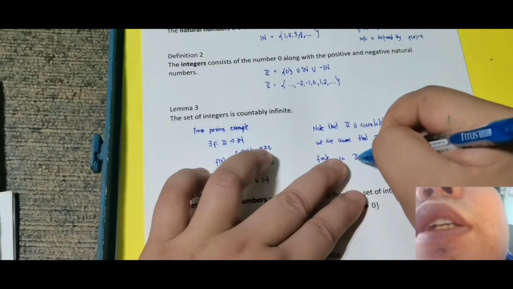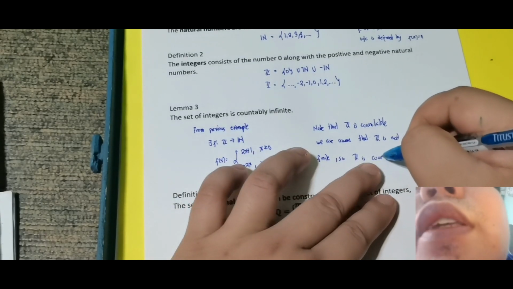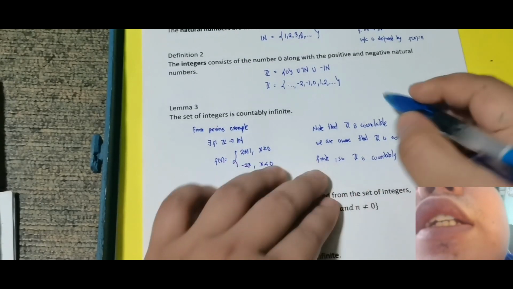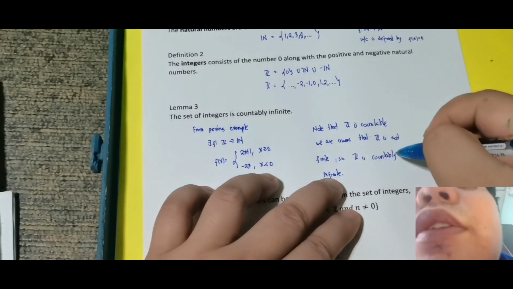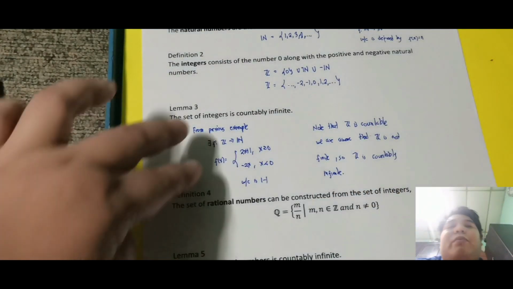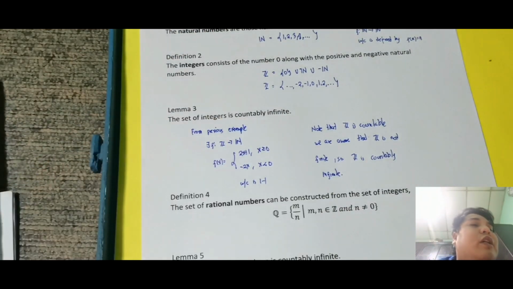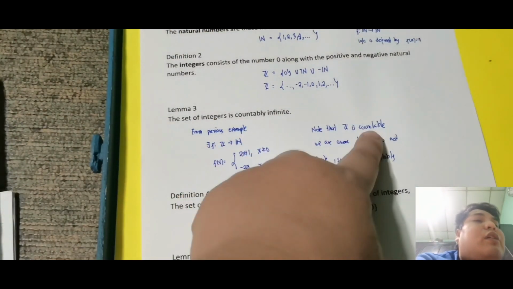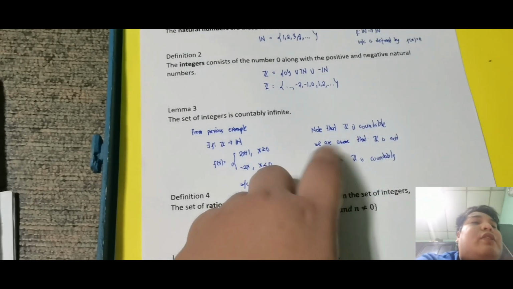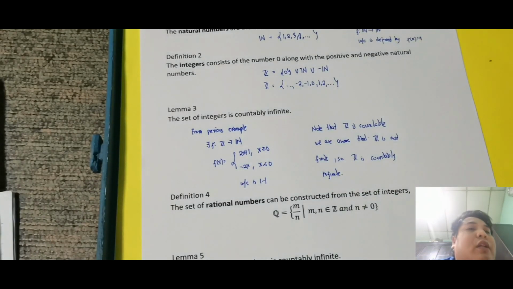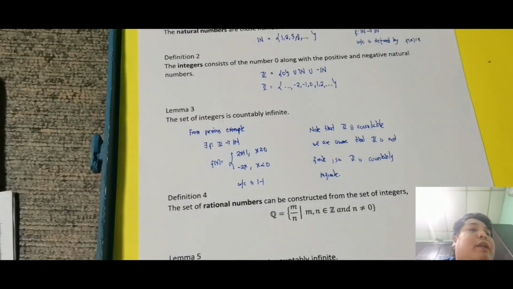So Z is countably infinite. Kasi yun naman talaga yung case, dalawang case lang yun. Okay, so ganun na siya kasimple. Prove mo lang to, show mo yan, then ayun na siya, countably infinite. So note that Z is countable and we are aware that Z is not finite. So Z is only countably infinite. Therefore, tama yung lemma na yan.